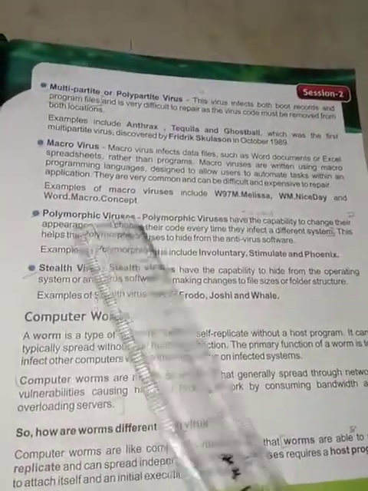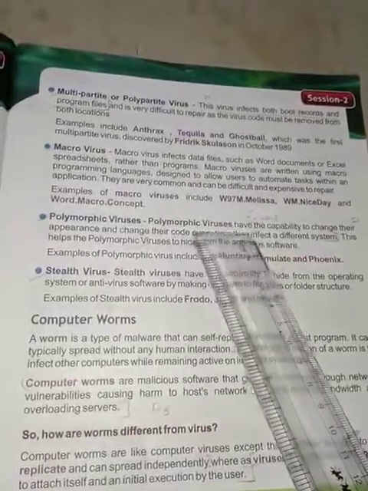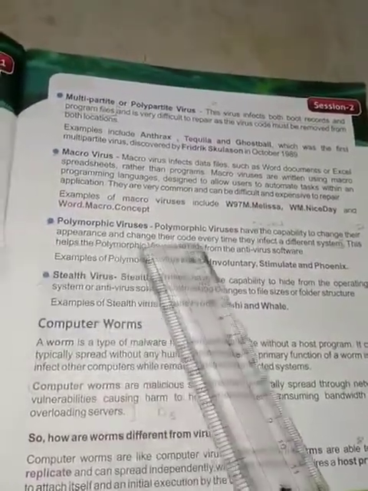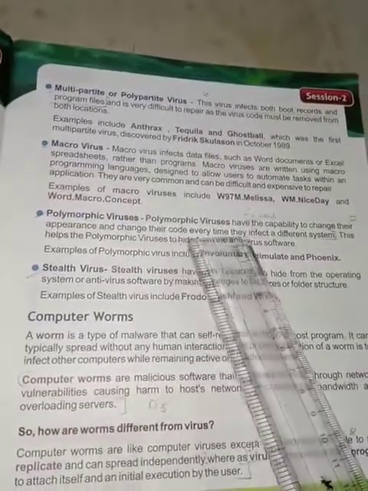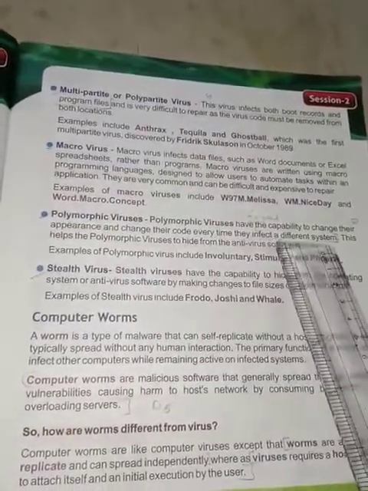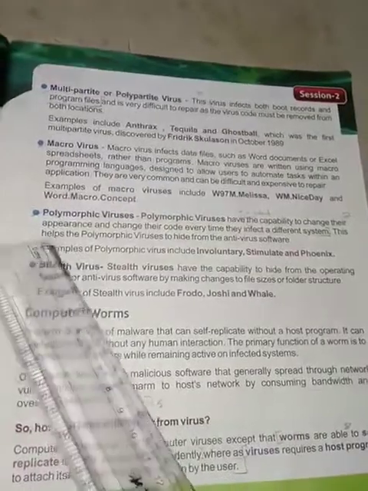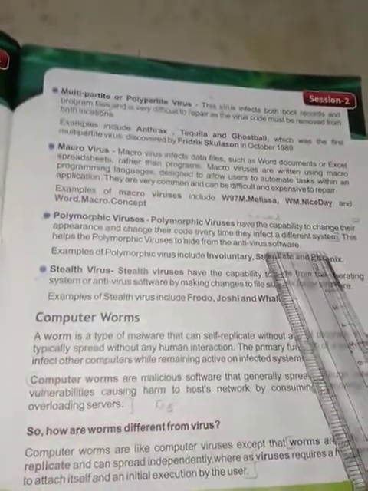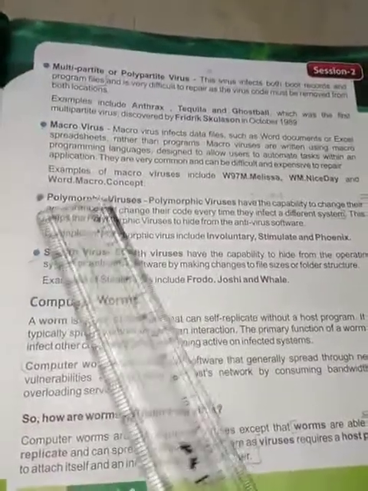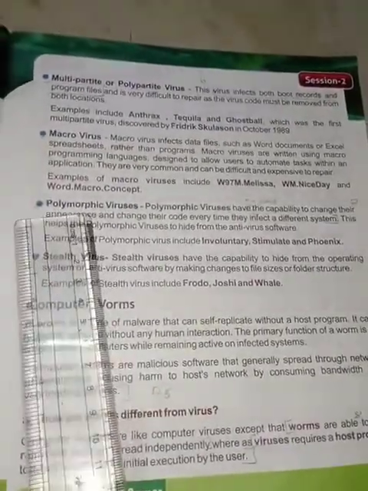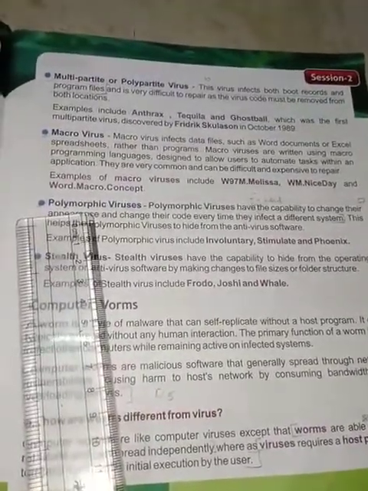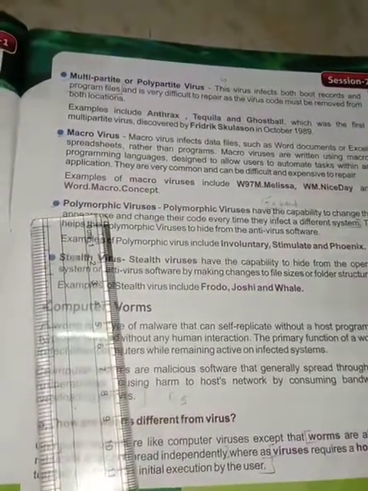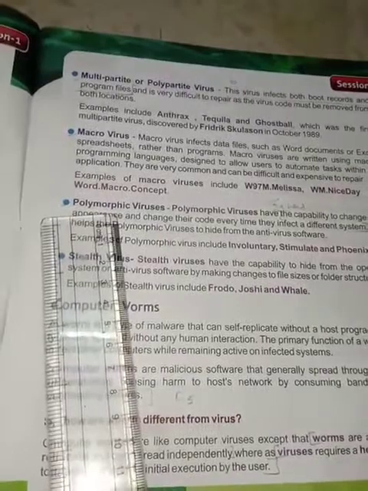Polymorphic viruses. Polymorphic viruses have the capability to change their appearance and change their code every time they infect a different system. This helps the polymorphic virus to hide from the antivirus software. So in one program it may infect in one way, and in another program it may infect in some other way.